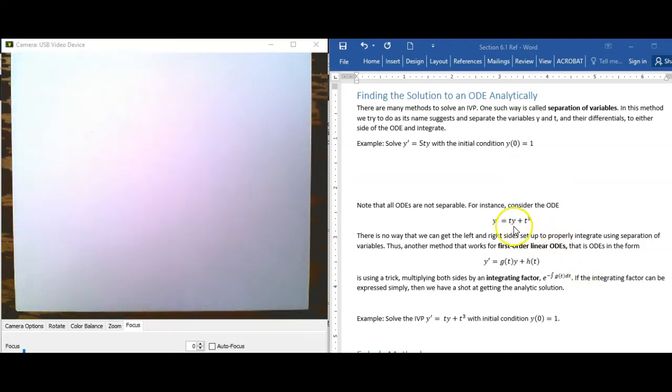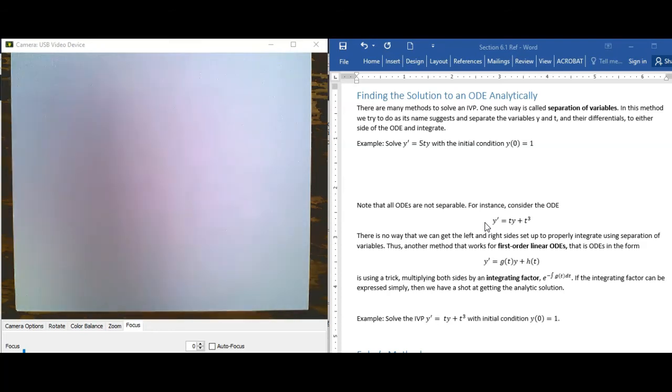As you can see with this particular example, y prime equals ty plus t cubed, there would be no way to get the y term over to the left-hand side as a product with the differential dy. So we have to have a separate method in order to solve these types of problems.